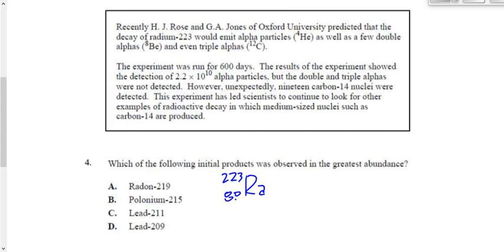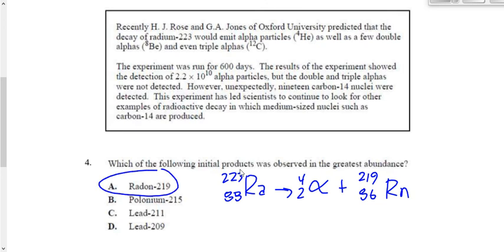Okay, radium-223 undergoes alpha decay because that's what we detected the most, right? So what are we going to be left with? The most? We're going to say 4 plus 219, 2 plus 86. I think that ends up being radon. Radon-219, so my answer would be A.